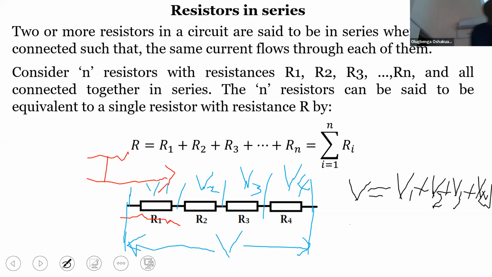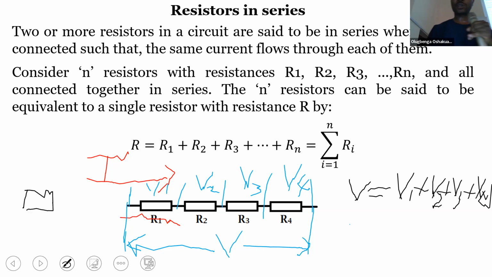So if you take your 60-watt bulb and your 100-watt bulb, and you connect them in series, the 100-watt bulb has a low resistance. Let me see if I can draw something.